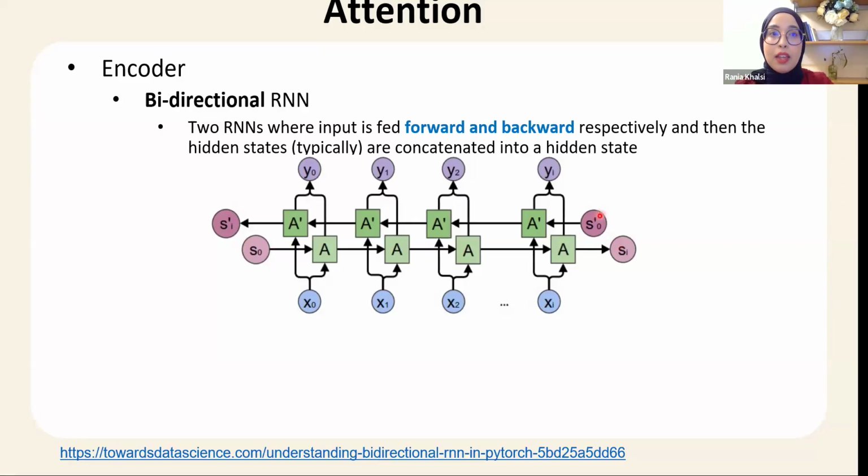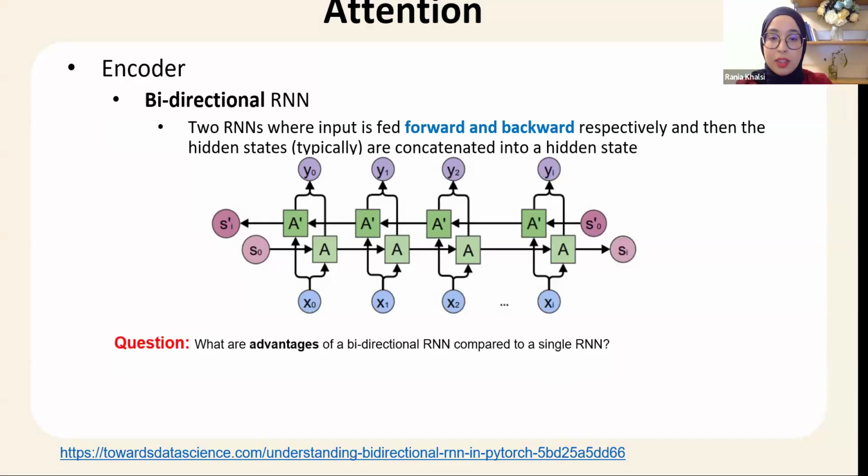And the other one processes the sequence backward, in the opposite direction. What happens then? Their outputs are concatenated, and this concatenation results in a single hidden state.